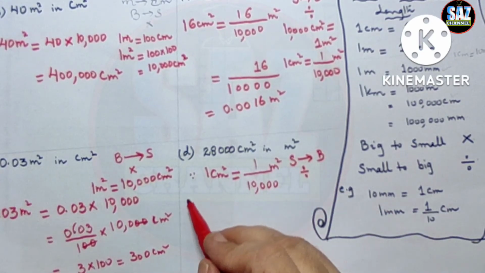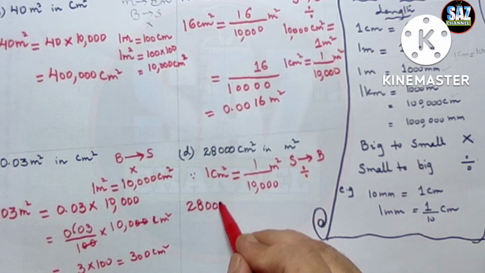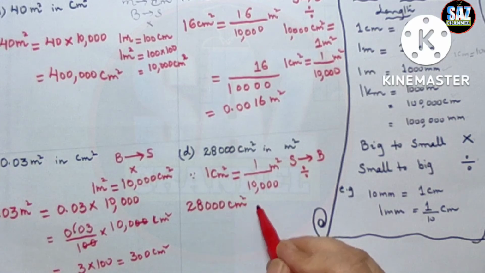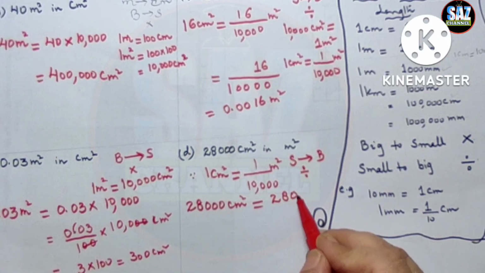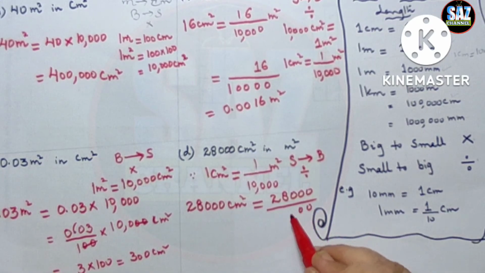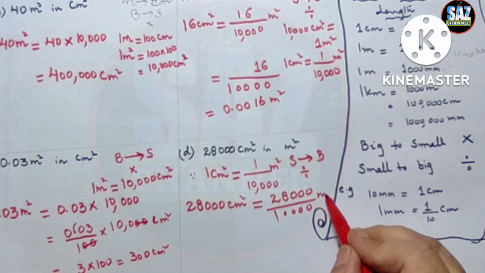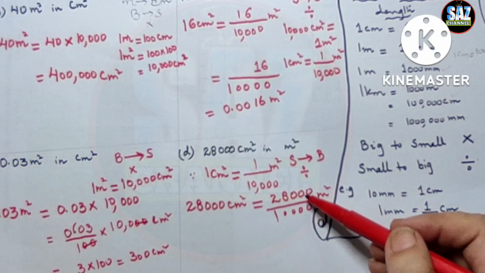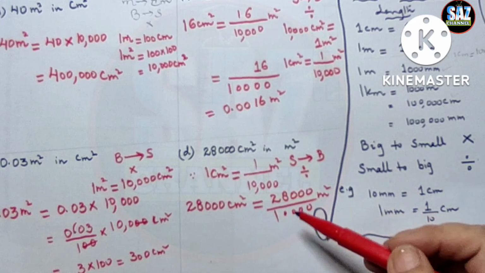And now what we have to do, 28,000 centimeter squares will be equal to 28,000 upon 10,000. Look at my working style, that I'm placing the zeros underneath each zero and non-zero digit nicely.